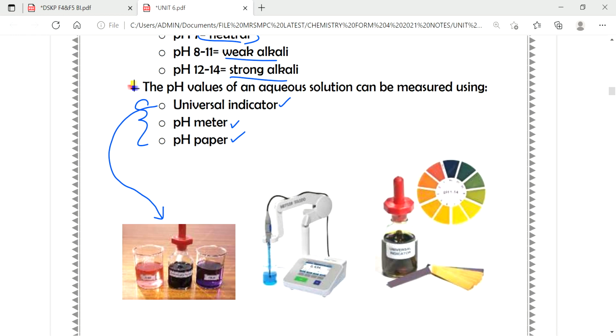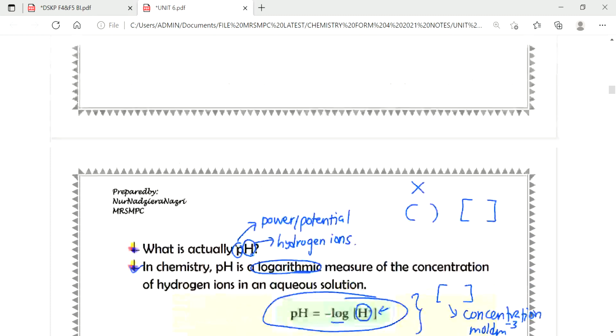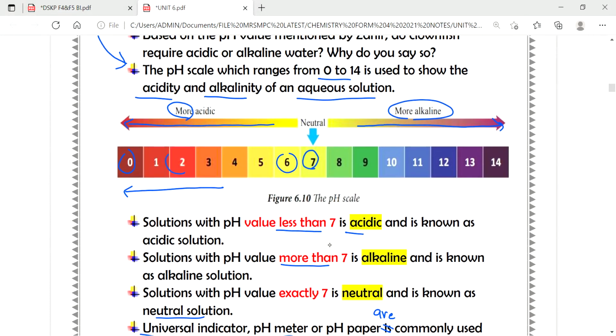Let's say the colorless solution turns red. Looking at the pH color scale, red refers to acidic.